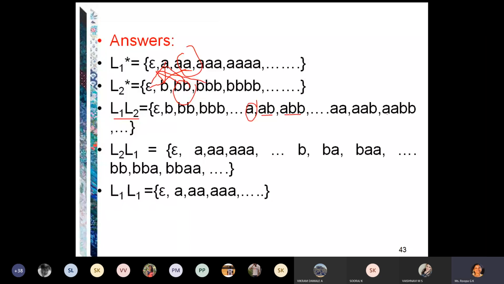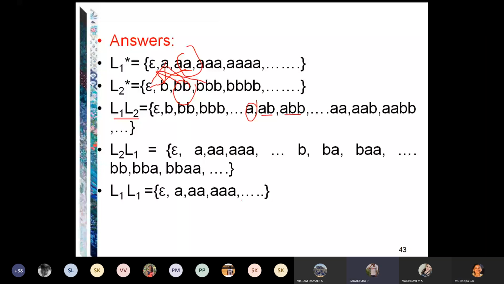Similarly, write L2 L1. Don't copy, just use your logic. L2 L1 answer is visible here. How will you make L2 L1? Anyone? Sadakesha, can you answer me? Just reverse the process, ma'am.